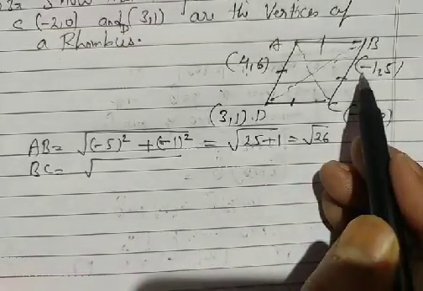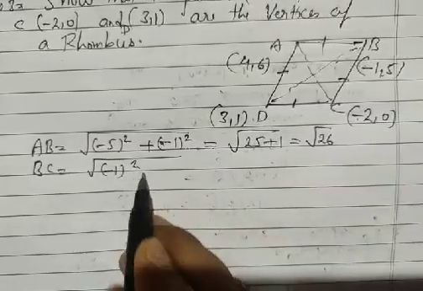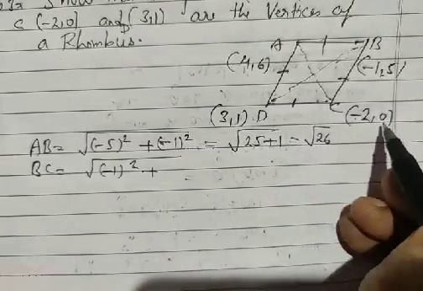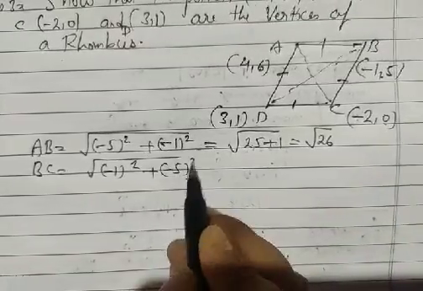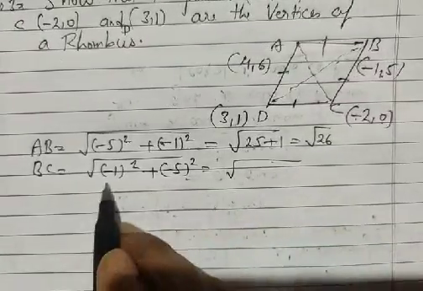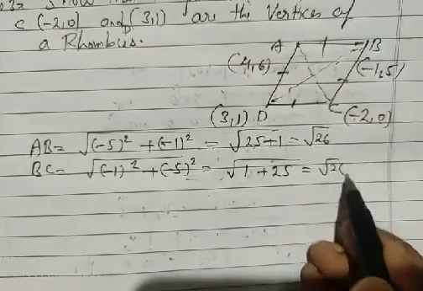BC: -2 plus 1 we get -1 whole square, plus 0 minus 5, we get -5 whole square. -1 whole square is 1, -5 whole square is 25, we get root 26.